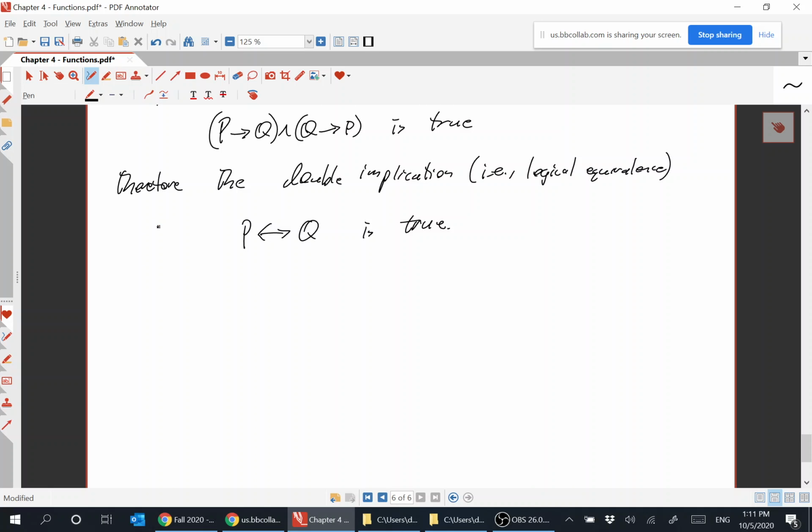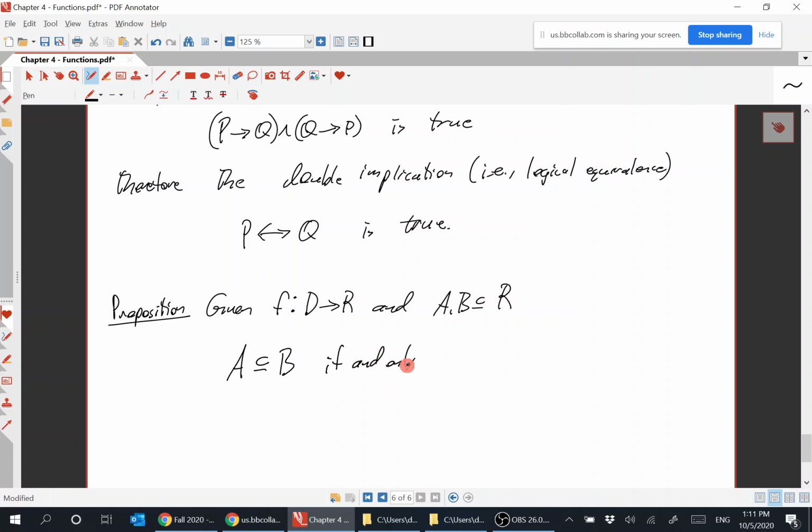So that's written as follows. Given f from domain to range, and A and B subsets of the range, A is a subset of B if and only if the preimage of A is a subset of the preimage of B.